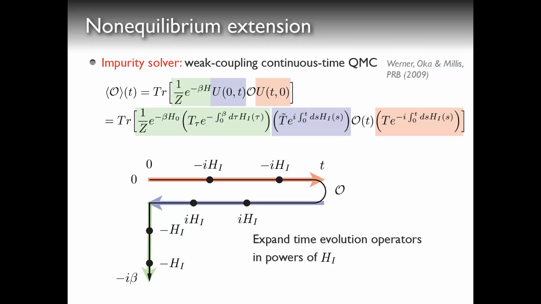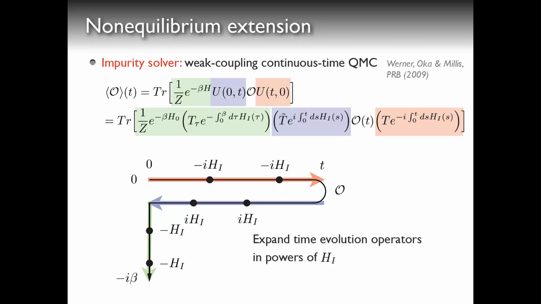And in this interaction representation, what remains in the exponent of the time evolution operators is the interaction part of our Hamiltonian. What we can then do is expand these time-ordered exponentials in powers of the interaction term, and then at a given order in the expansion, we get some kind of random collection of interaction Hamiltonians on our three-legged contour.